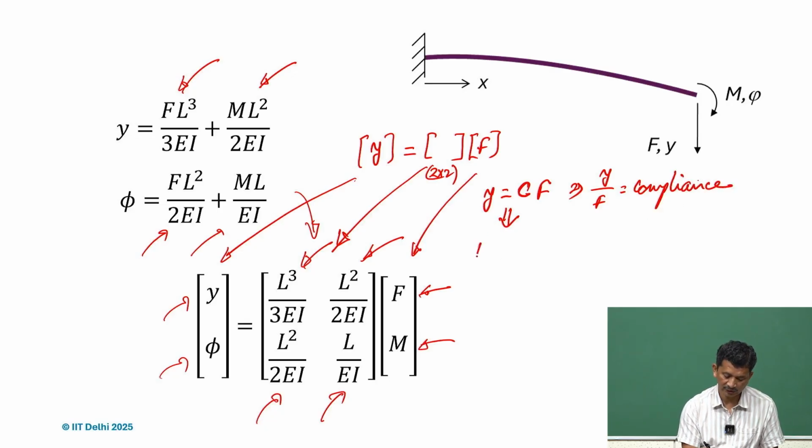But it can also be written as F equal to some matrix times x, or y. Here x means displacement. In general notation, for displacement we write x, but this is not the same x as before; this is the deflection vector. The matrix here we can call K, so this is the stiffness matrix in that case.